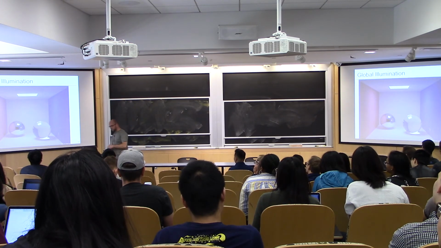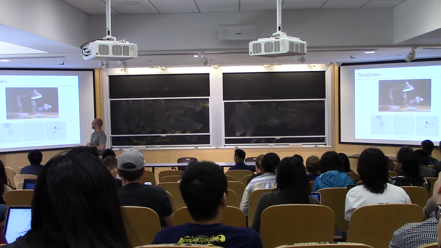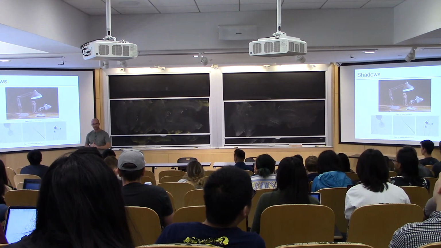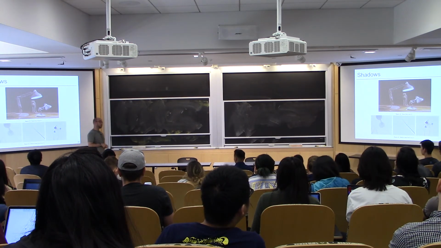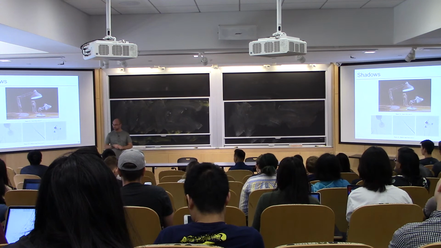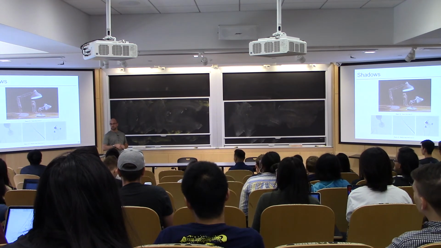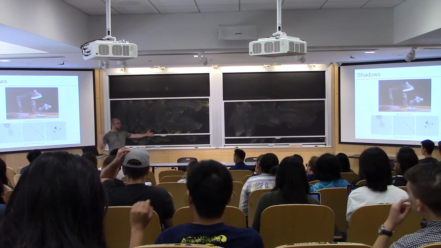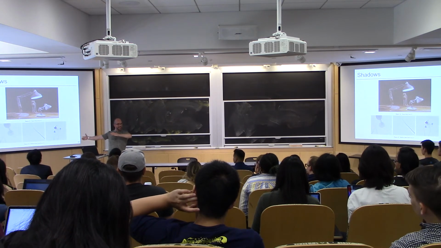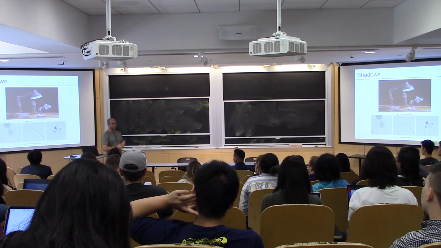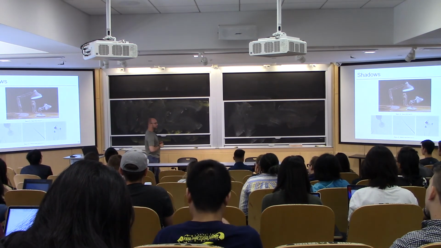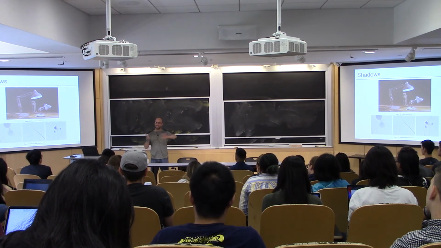We'll also talk about shadows, which are easy to do in the ray tracing pipeline and quite difficult to do in the real-time graphics pipeline. And this is going to be our means of transitioning from really slow, beautiful graphics to really fast, high throughput graphics. I think shadows are the best example where the algorithms for handling them are completely different.